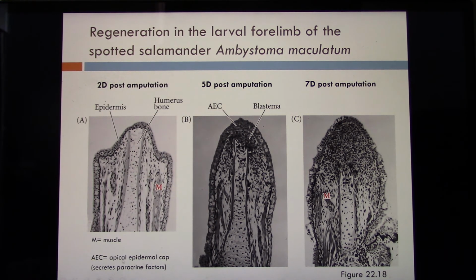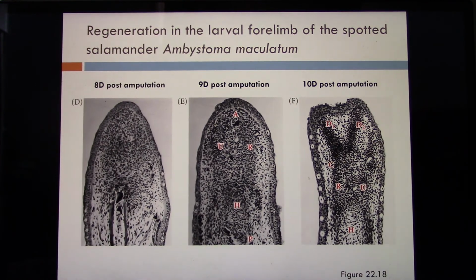AEC stands for apical epidermal cap, and it secretes paracrine factors. So we're going to get a lot of paracrine factors, and we're going to form this blastema that she referred to in the video. Blastema is undifferentiated cells. And you can see that this cellular area increases as the days pass by.